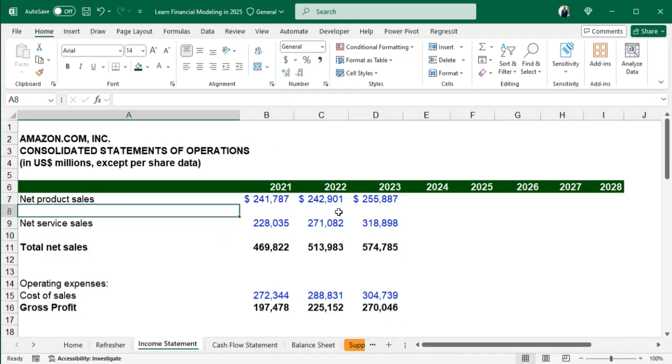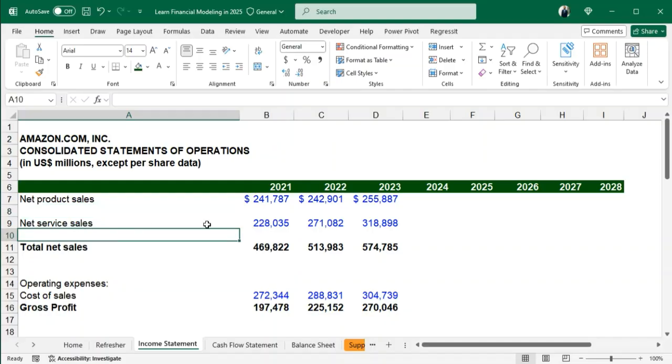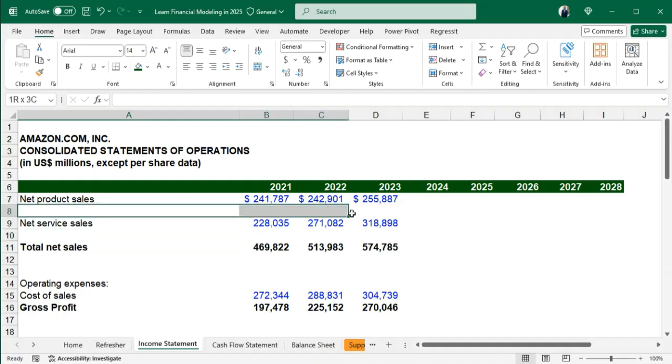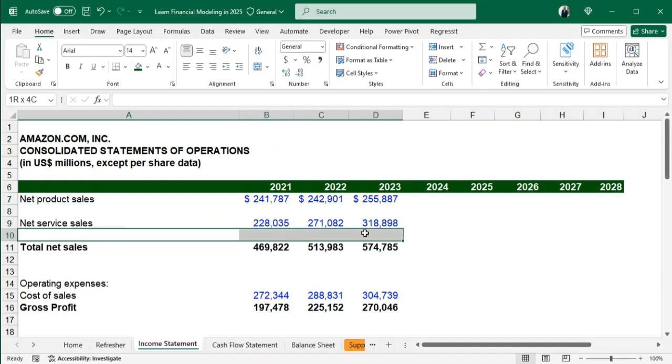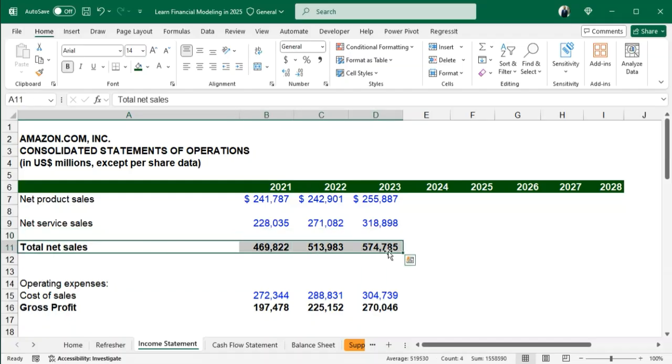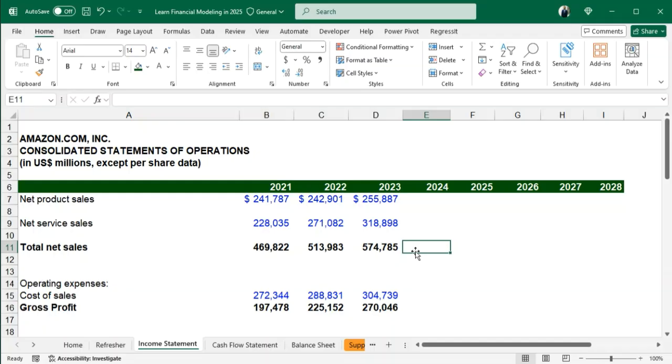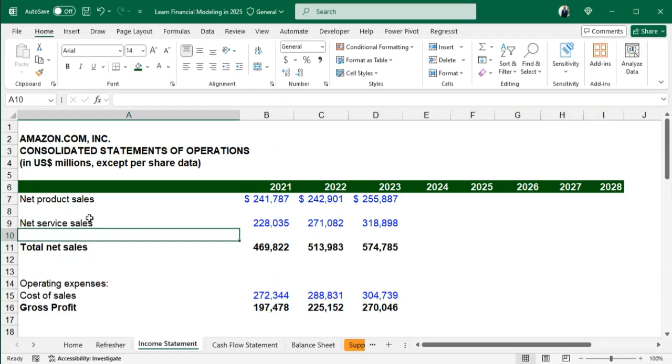So looking at this, we can decide to project the sales individually, as you have seen here, or we can just look at the total net sales and project that alone. But because we are calculating our historical financial ratios, let us calculate the year-over-year growth rate for each of these items and see how our sales have been performing year over year. All right, so that is what we are going to do.